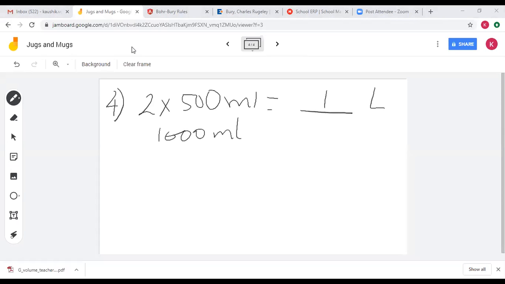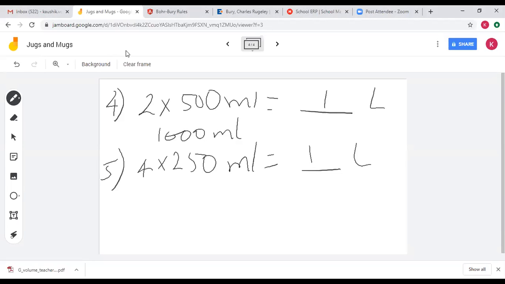Next one. 4 times 250 ml is equal to how many liters? Yes, very good. That is 1000 ml, but the question is about liter, Aditya. So the answer is 1 liter only.